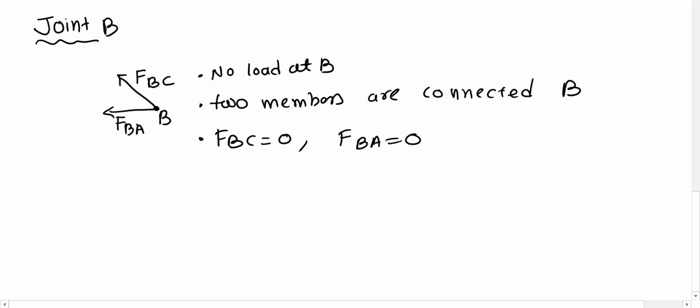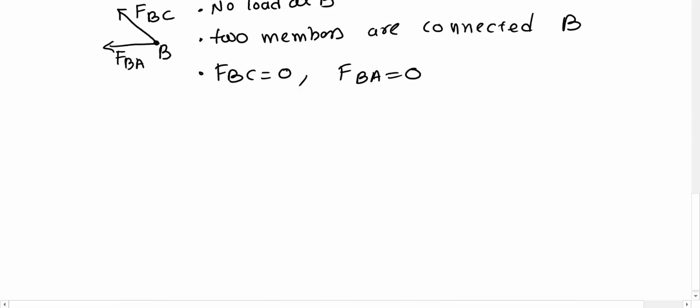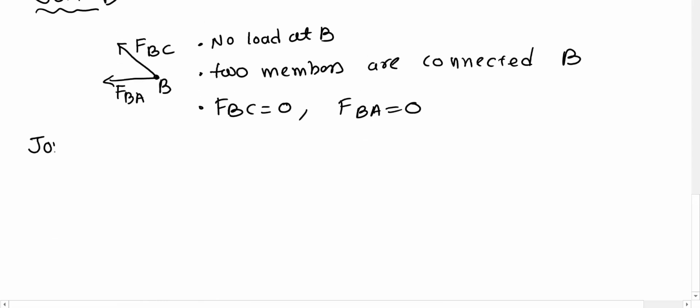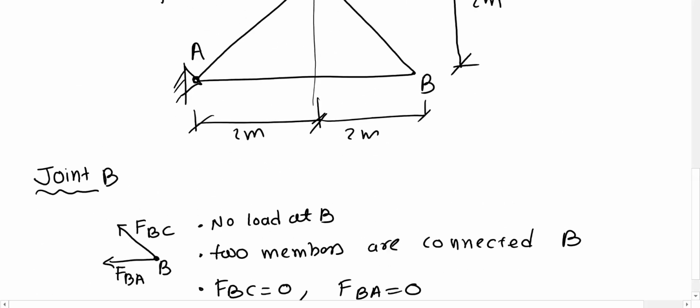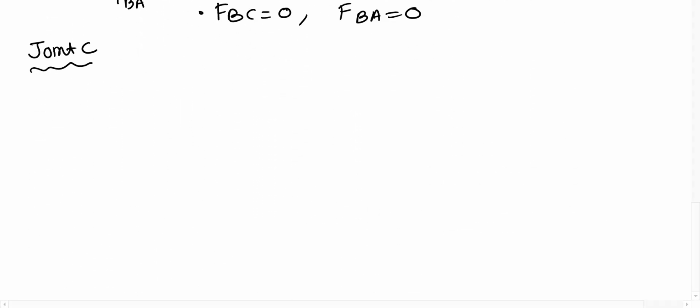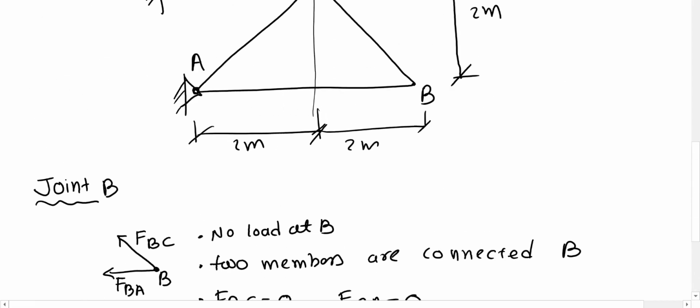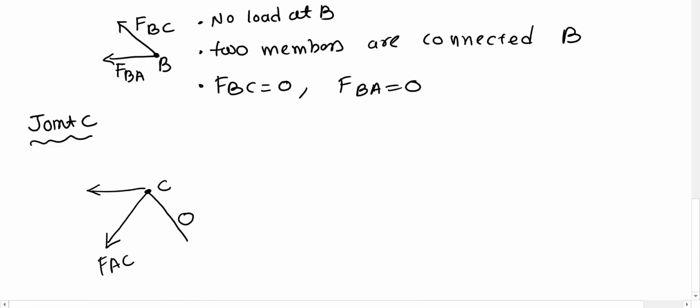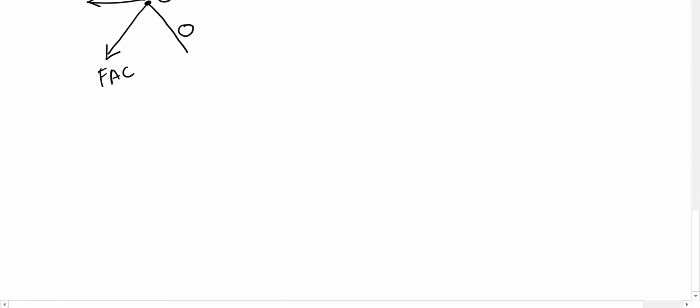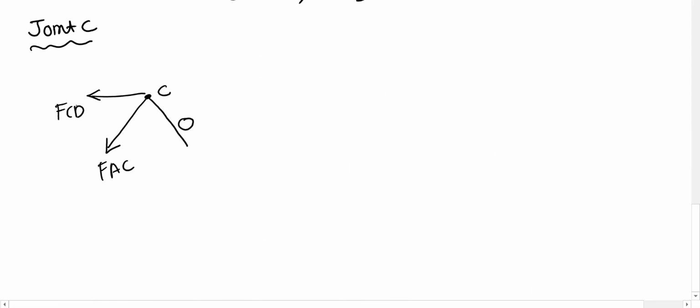So that is simple. Now we can take joint C. Let's draw joint C. Now joint C has a virtual load. This is a zero-force member, so we don't need to draw it, but let's draw it first. And we have force AC, and this force is CD, and we have the virtual load 1 kilonewton.